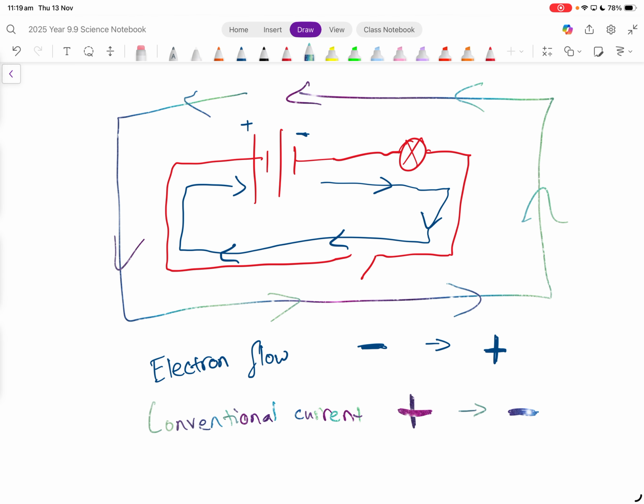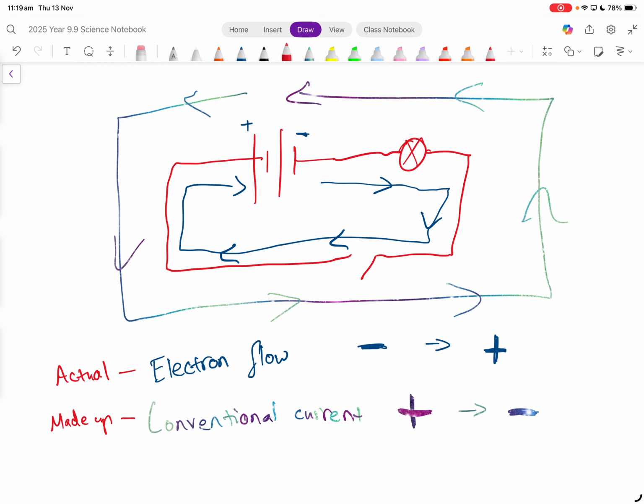Question? But is it like we just consider it to do that, or like it actually goes from positive to negative? Great question. Electron flow is what actually happens. Conventional current is made up. Why?